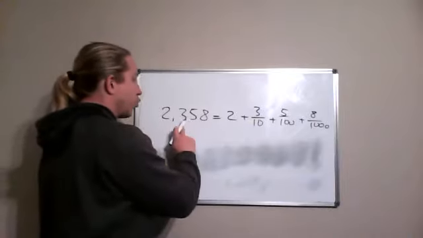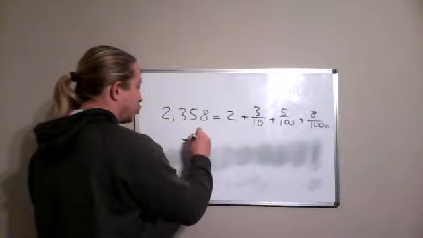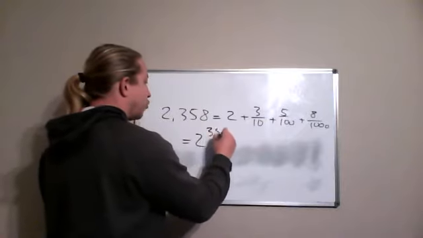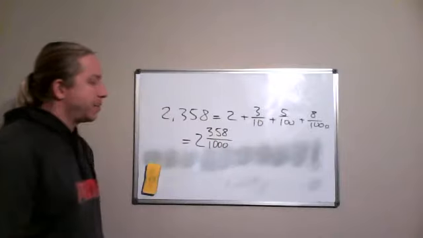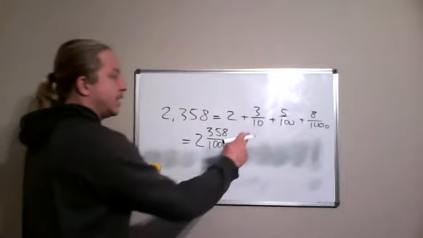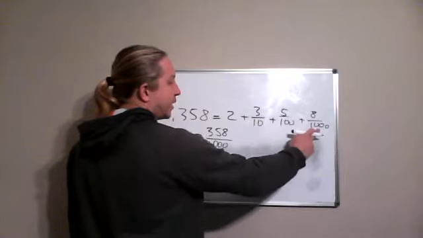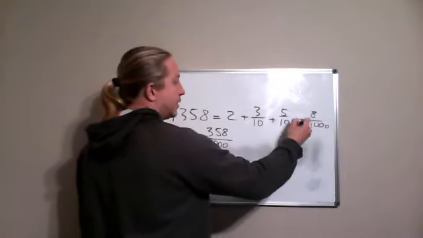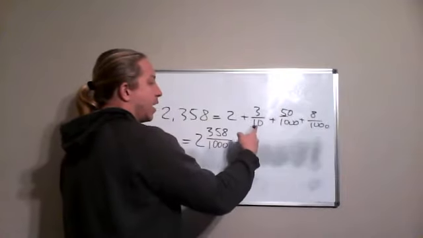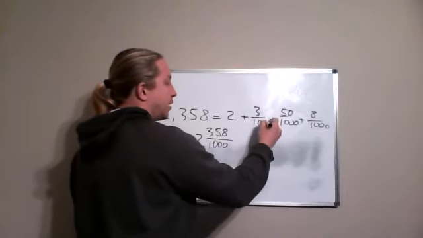Another way, we could write this number as 2 and 358 over 1,000. Okay, why? Well, let's make these the same denominators as that. Well, how do we get from 100 to 1,000? We add a 0 there, add a 0 there. How do we get from 10 to 1,000? Add 2 zeros.